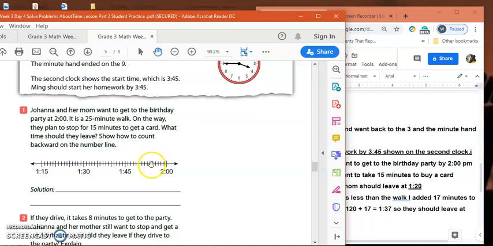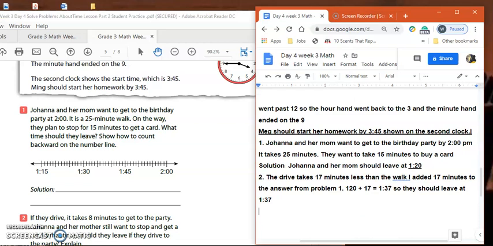Okay. 5, 10, 15, 20, 25 minutes. And then 15 more minutes. 5, 10, 15. Okay, so that puts us at 1:15, and 5 more is 20. So let's see. It says the solution, Joanna and her mom should leave at 1:20.